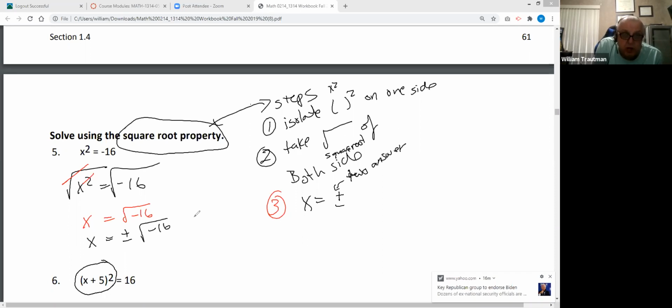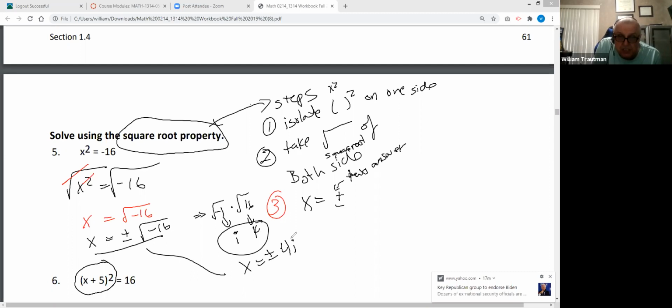The square root of negative 16 is the square root of negative 1 times the square root of 16. Square root of 16 is 4, and the square root of negative 1 is i. So this answer becomes x equals plus or minus 4i, and the i always comes after. There's 2 answers, a plus 4i and a minus 4i.